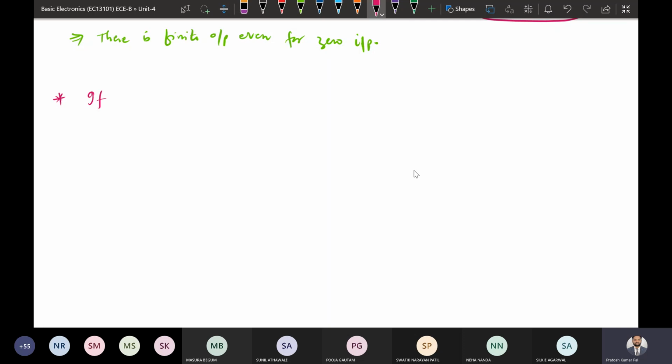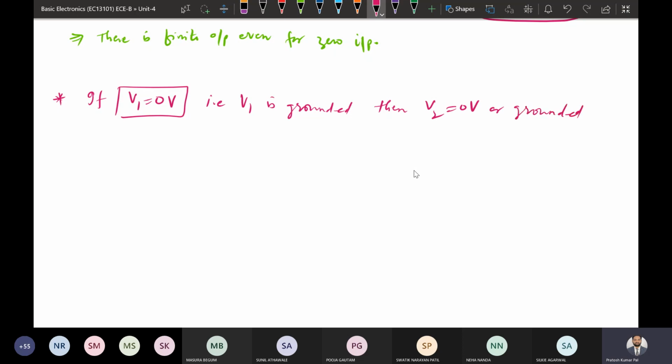Suppose V1 is equal to 0 volt. If this is the case, that means V1 is grounded. If V1 is grounded, then V2 will also be 0 volt, or it will be grounded.